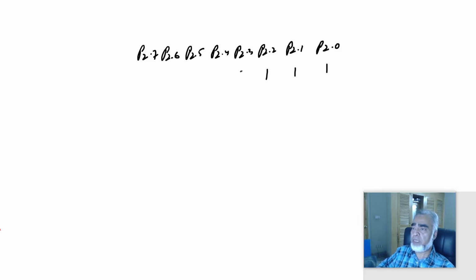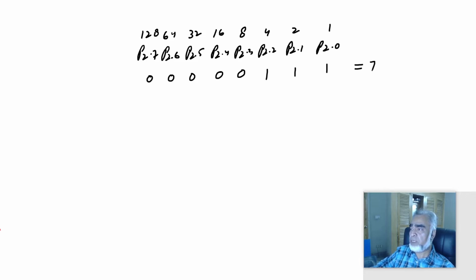So here we will write 0 for all ports. Now what will be the number? As we know that the binary weightage of port 2.0 is 1, 2.1 is 2, then 4, 8, 16, 32, 64 and 128. Here we can see the numbers 1, 2 and 4 are present, and if we add these numbers we will get 7.